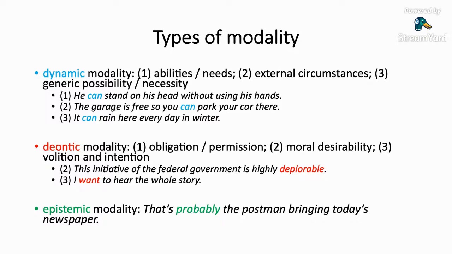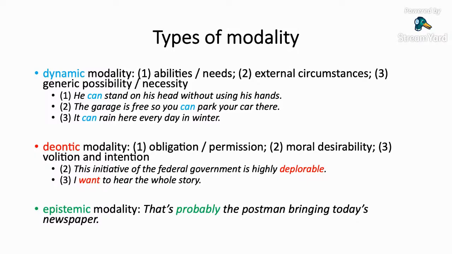Let's take the case of epistemic modality, which is very easy to explain. In the sentence here, the state of affairs, the postman bringing today's newspaper, is presented as something probable. The modal marker is probably: that's probably the postman bringing today's newspaper. So epistemic modality is about likelihood, probability.